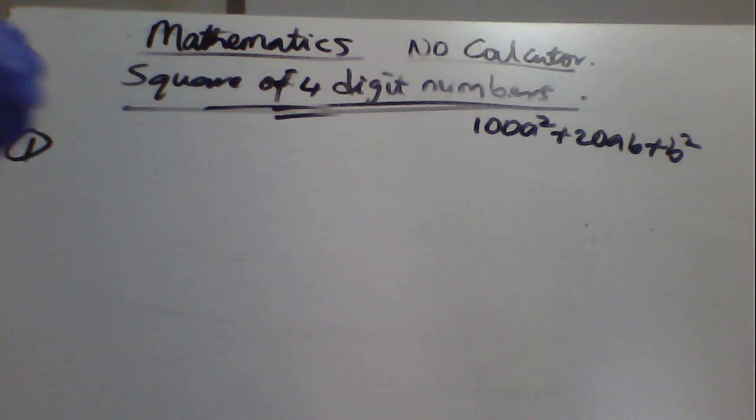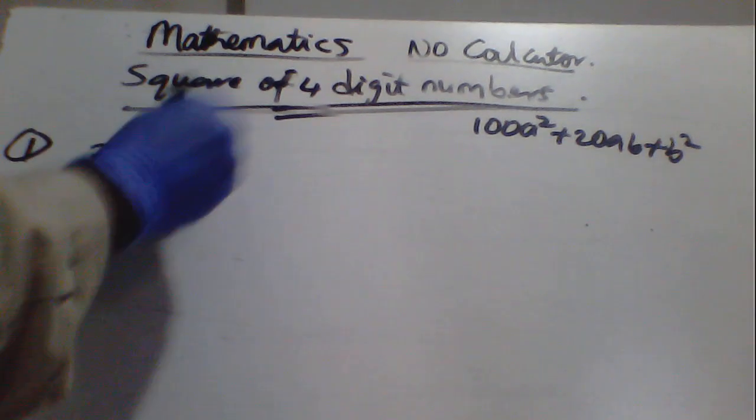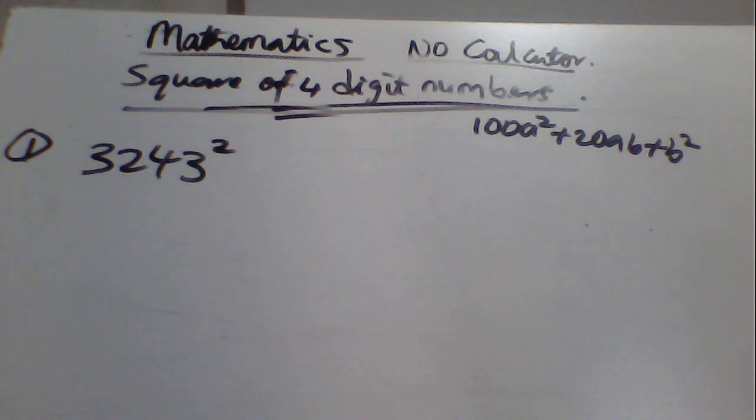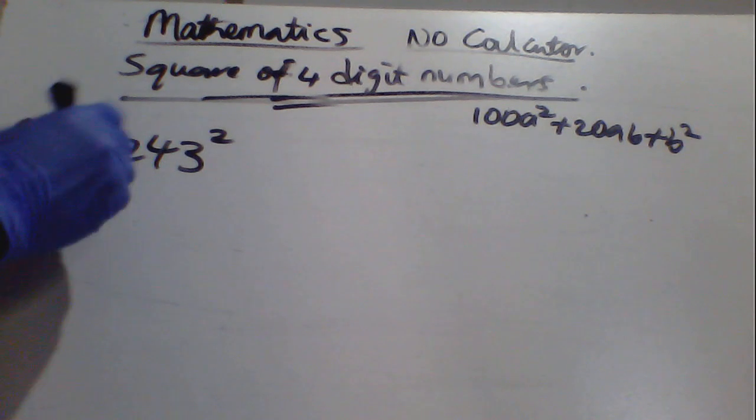So the first question here is 3243 squared. This is a 4-digit number. So this is different from 2 or 3 digits. Divide it into 2.